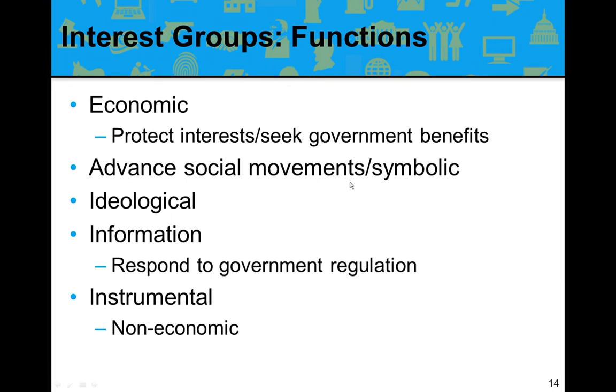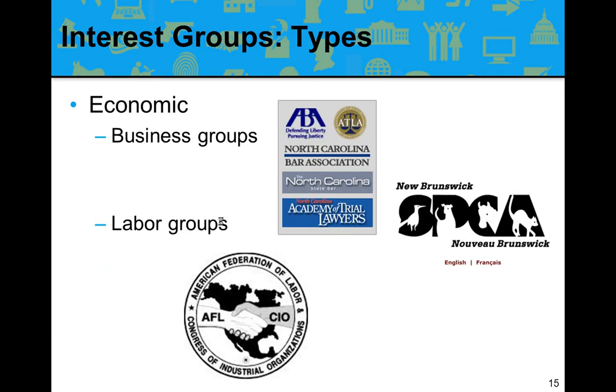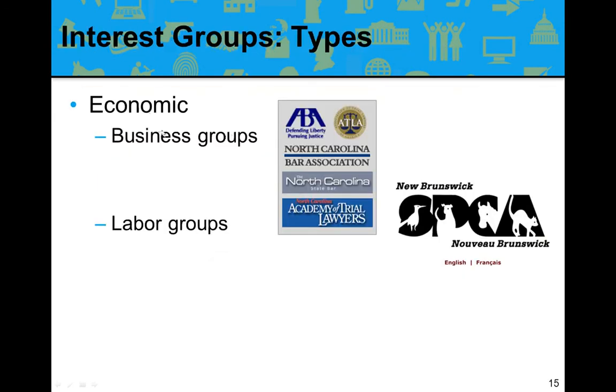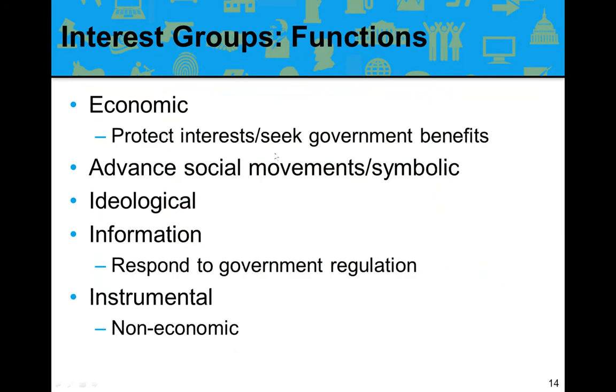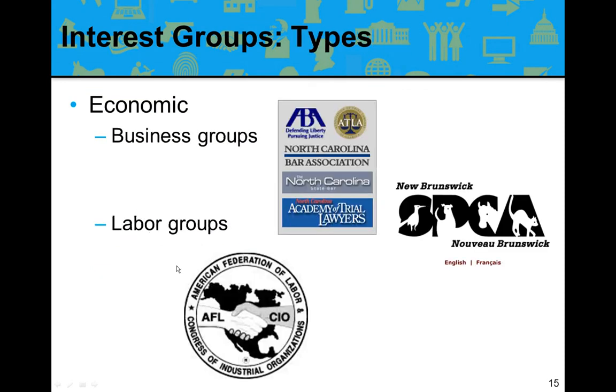Interest groups may do one or more of these different functions, but now we're going to talk about different types. Obviously, economic interest groups are going to provide this economic function, but they also might do some of these other things. One type of interest group is business groups.